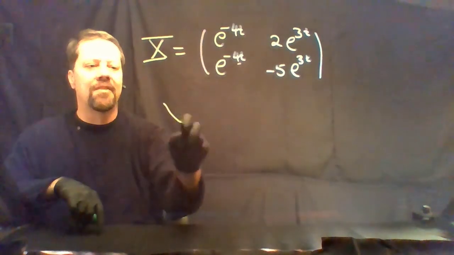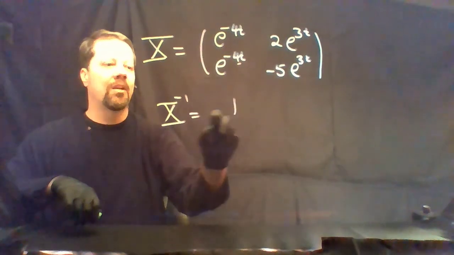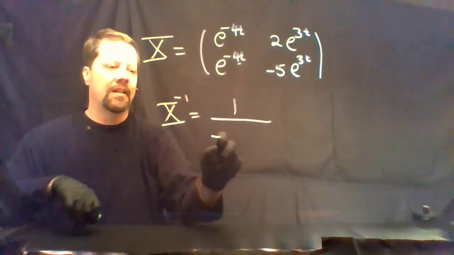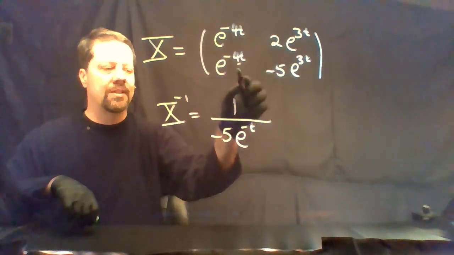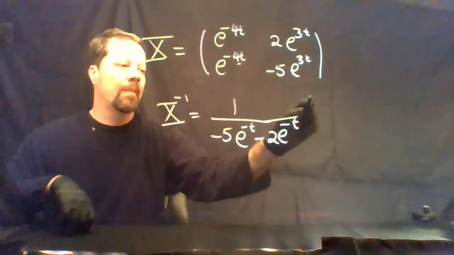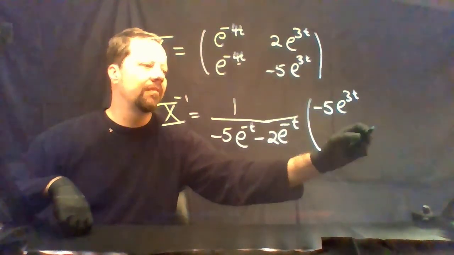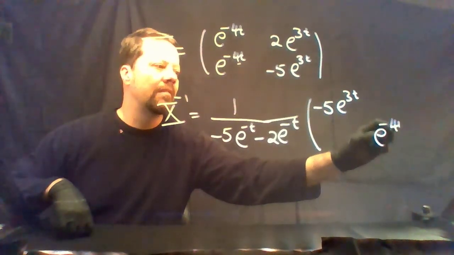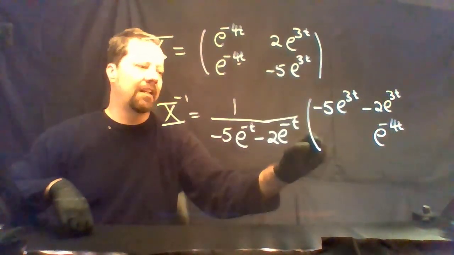To find x inverse, that's going to be 1 over negative 5 e to the negative t, and then we subtract 2 e to the negative t, switch the diagonal elements, and negate the off-diagonal elements.